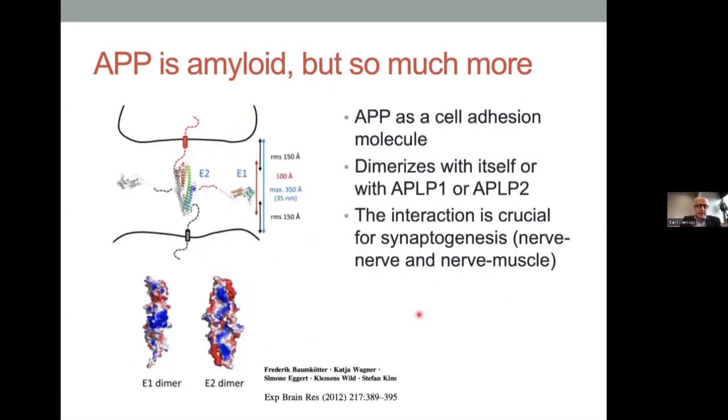And that idea is bolstered by the fact that it's capable of forming dimers with itself by dimerizing in internal domains, or with other APP molecules, or with APP family members known as APLP1 or APLP2. We know from some beautiful work that Wei Zhang has done at Baylor that the interaction is crucial for synaptogenesis and the formation of the neuromuscular junction.